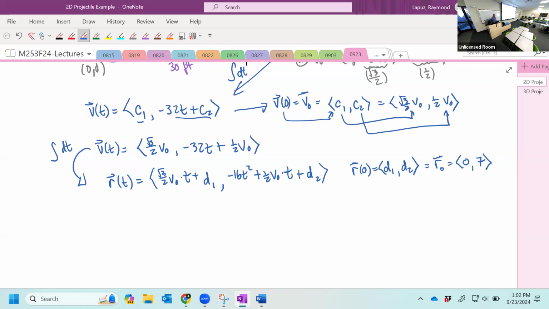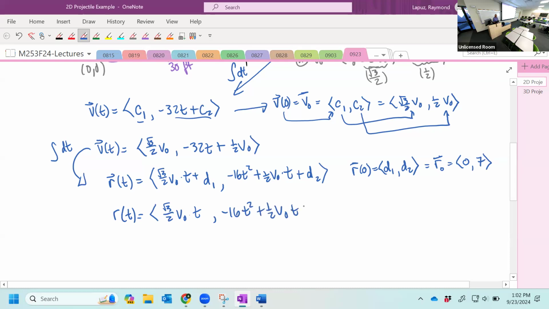So our D1 is equal to 0 and our D2 is equal to 7. And then now we have our position function. That's root 3 over 2 v naught times t plus 0, comma, negative 16t squared plus 1/2 v naught t plus D2, which is 7.